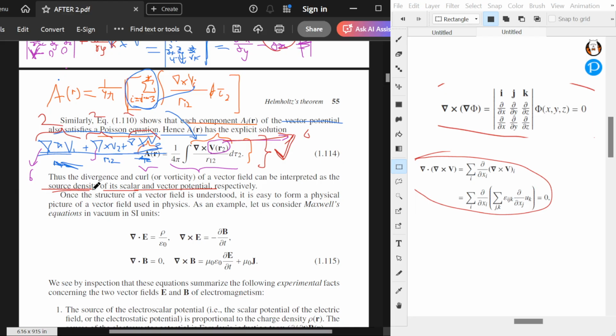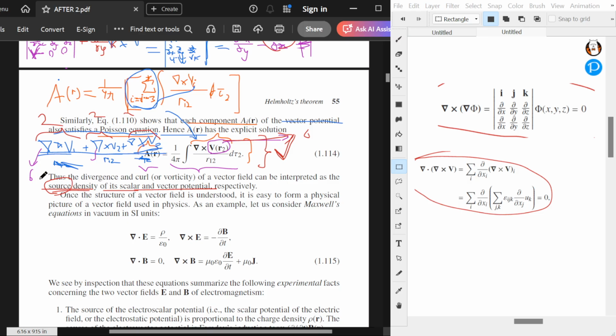Density means how much of this is packed into some space. So the divergence and curl of a vector field can be interpreted as how much of this thing is in this space, the density of its scalar and vector potential.